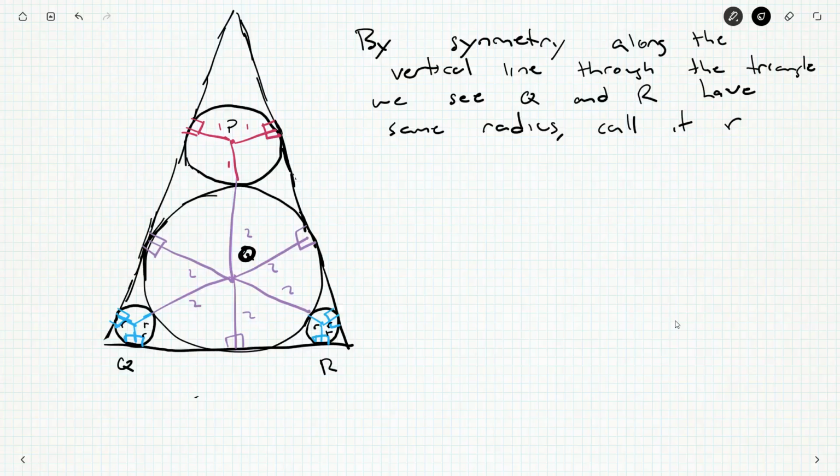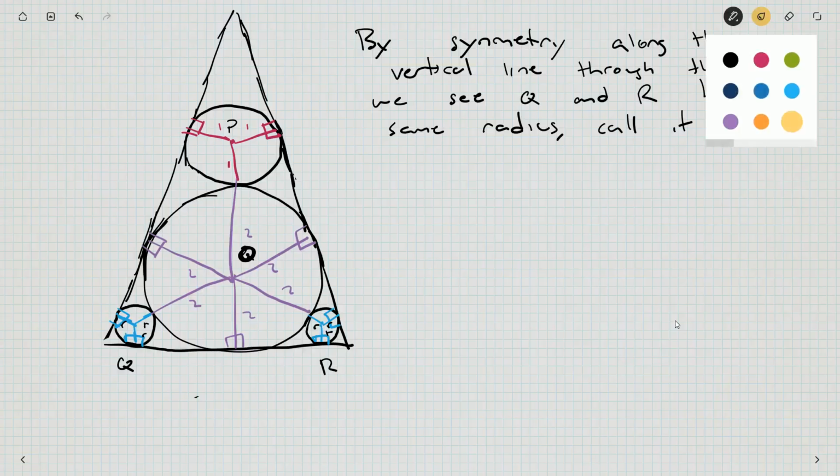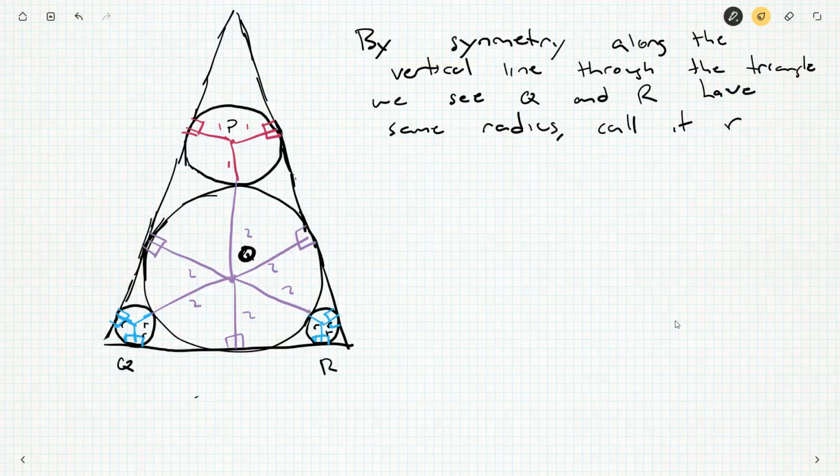Well, I think perhaps there's some right angle triangles to be found. And I think with a 2 and a 1, we'll probably get something like a 30, 60, 90 triangle somewhere.